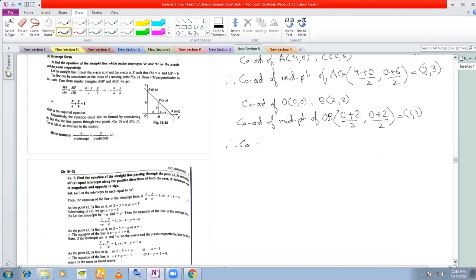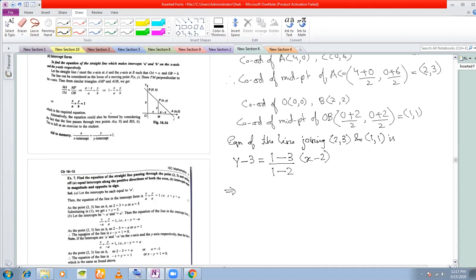Therefore, the equation of the line joining the coordinates of the midpoint of AC (2, 3) and (1, 1) is y minus y1, which is 3, equal to (y2 minus y1) by (x2 minus x1) into (x minus x1).